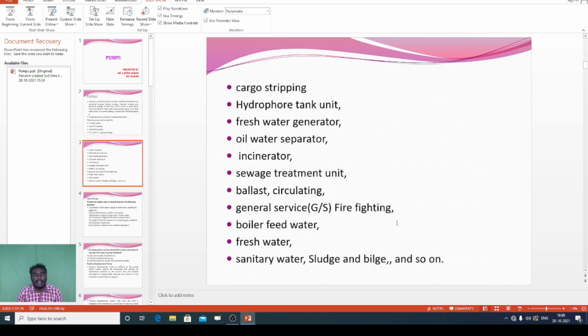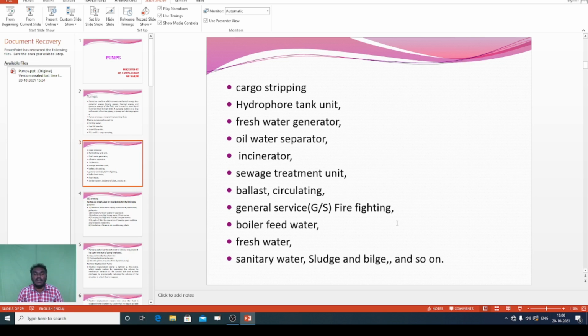In addition to that, we have cargo stripping, the hydrophore tank unit, and the freshwater generator, for which we also use a pump.